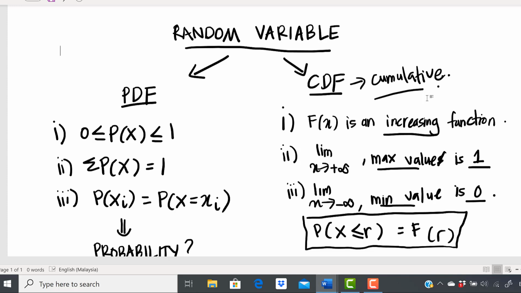That means the minimum value is 0 and the maximum value is 1, and the CDF is an increasing function. Then the probability when x is less than or equal to r is equal to the CDF of r. r can be any number; it's a constant.